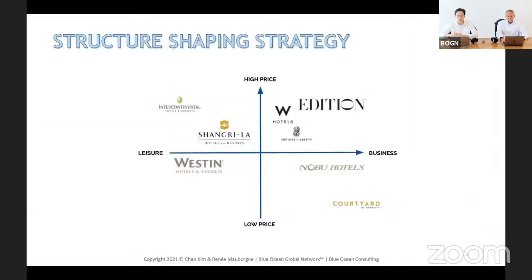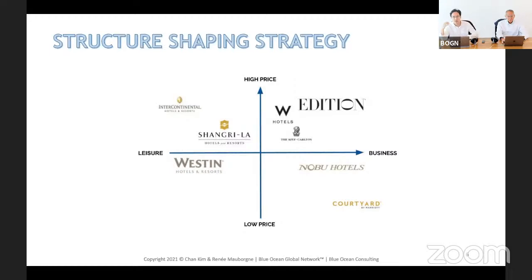And you truly do see this, right, in the hotel industry. If you look at this chart here, this shows how some of the many companies in the hotel industry differentiate and what we call position themselves within the hotel industry structure, right? So you can see Westin is targeting mostly the leisure travelers, right? And I wouldn't say low price, but also not the super high price that, for example, you might see in Intercontinental.